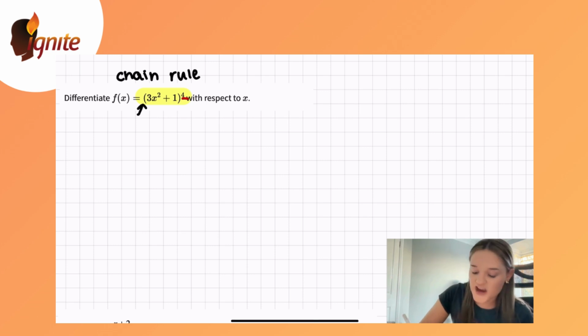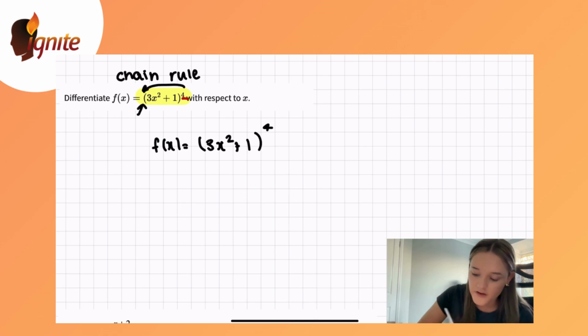The chain rule says that what we need to do is bring out the power at the front to start off with. So if we have f of x is equal to (3x squared plus 1) to the power of 4, we want to times it by that power. So I bring 4 out the front, rewrite what's in my bracket, plus 1, so f dash of x is equal to, to the power of 3, the power minus 1.